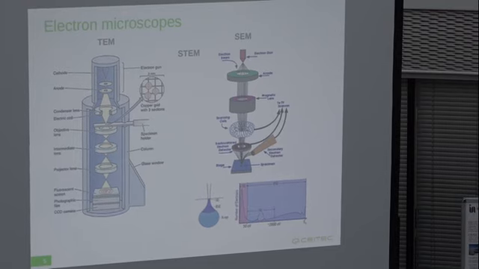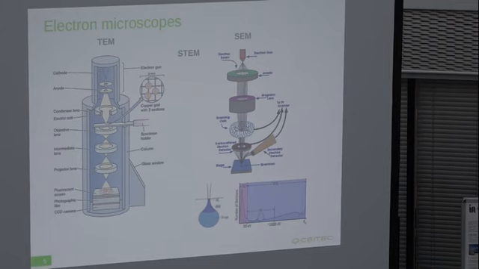In the scanning electron microscope, we generate a focused beam, a small electron spot on the specimen, and the microscope is equipped with scanning coils that allow scanning of the electron beam across the sample to image it.